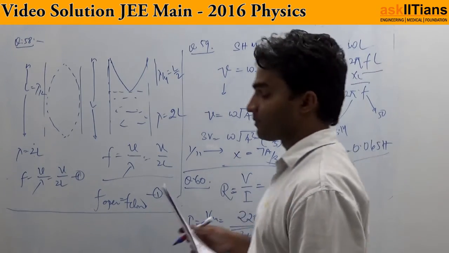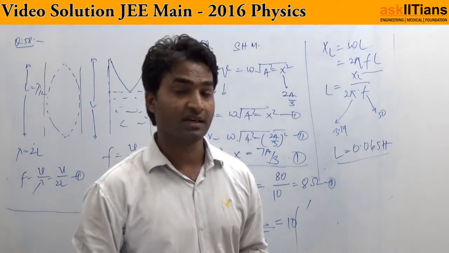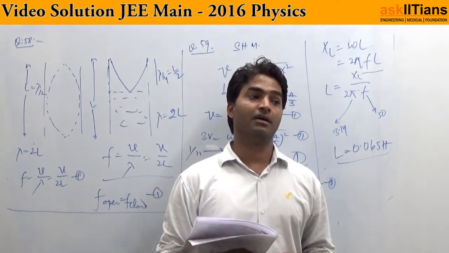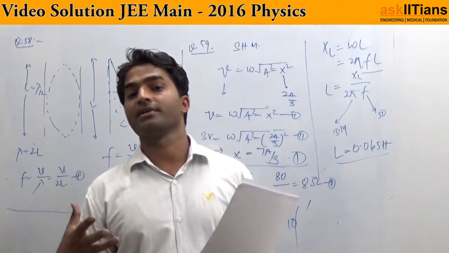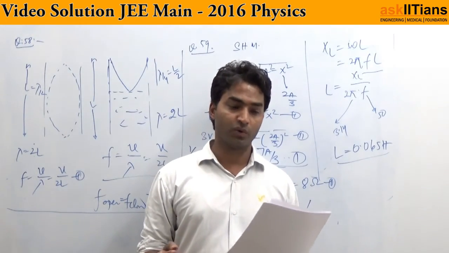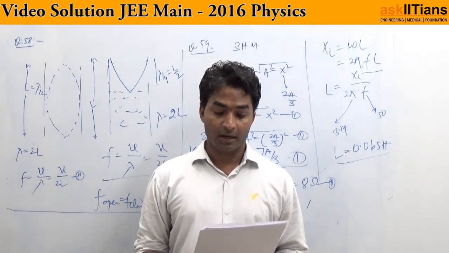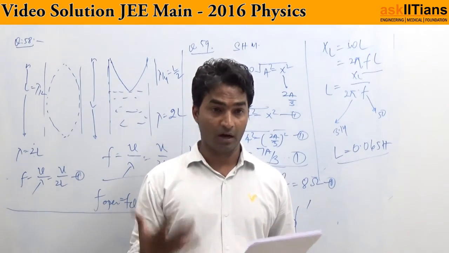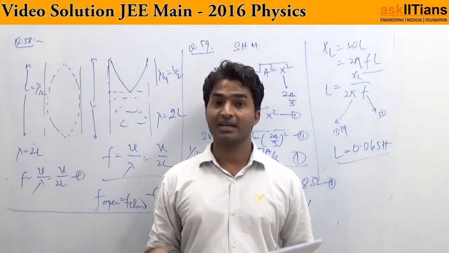So this paper was quite easy compared to the 2015 physics section. There was very little stress on magnetism, but much more stress on semiconductor devices. There was only one question from optics, two easy questions from modern physics, and two questions from errors and measurement as usual.